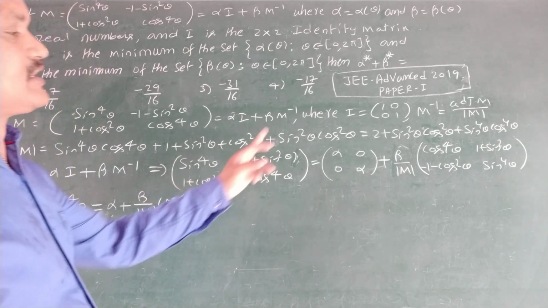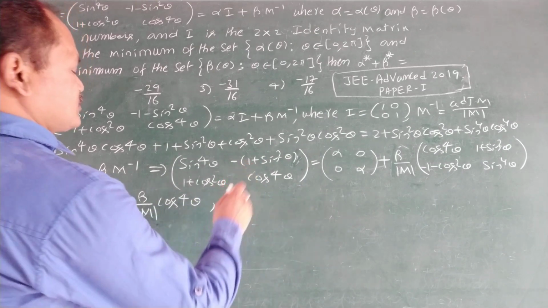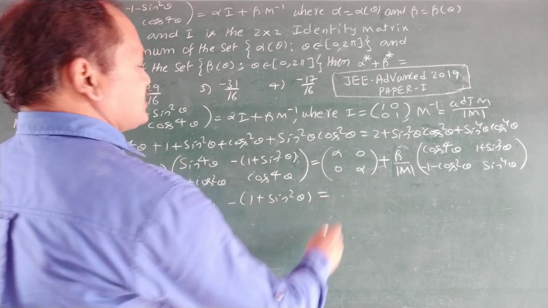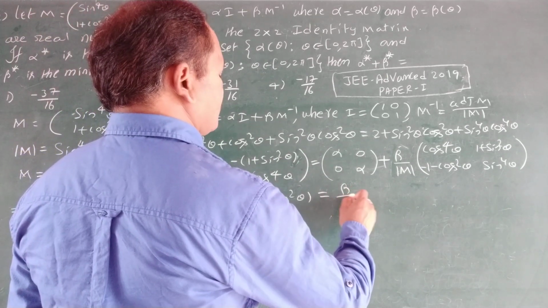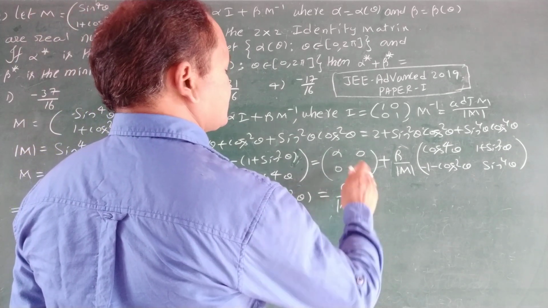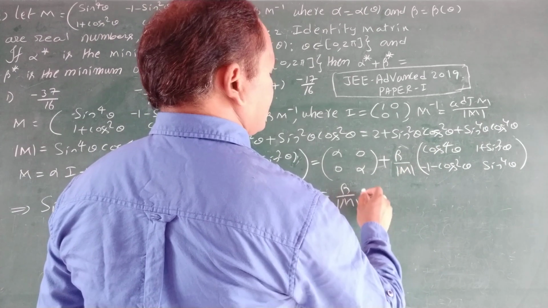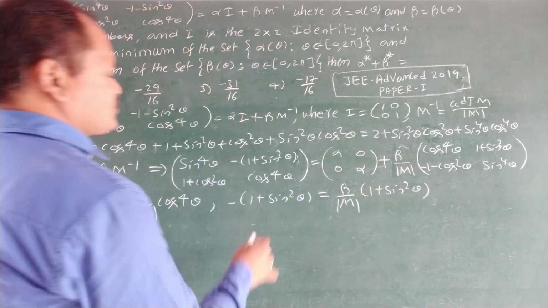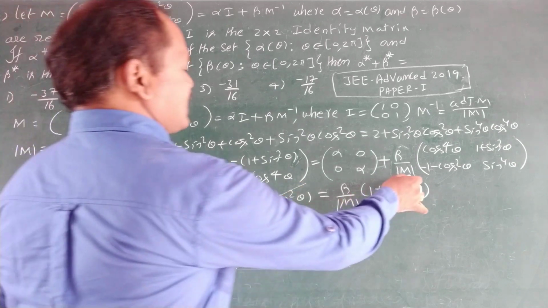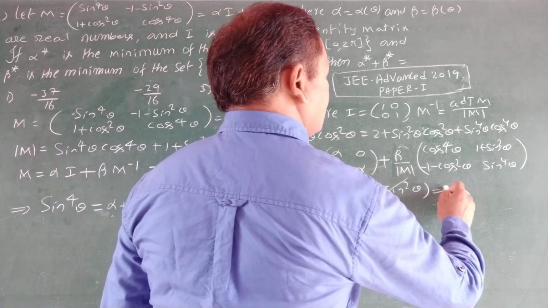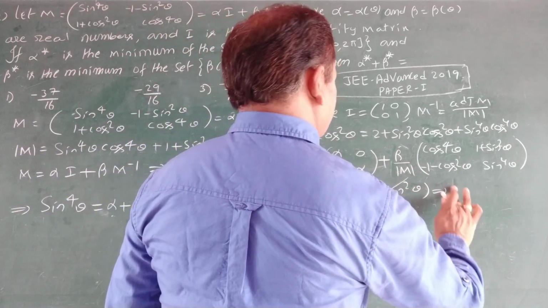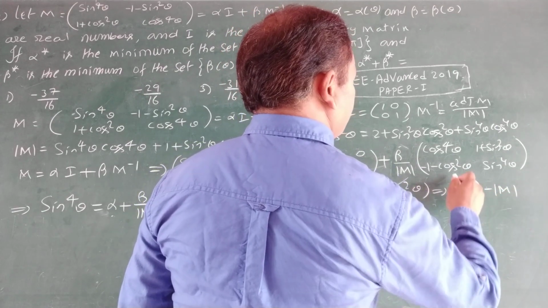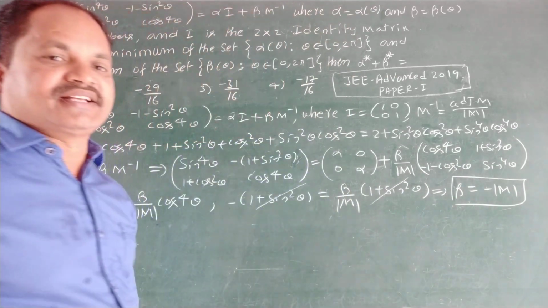Comparing the corresponding terms, minus of (1 + sin² θ) is equal to β/det M into (1 + sin² θ), since 0 plus this one. That's why from these two it gets cancelled, and here it is minus, that means β is equal to minus det M. β is equal to minus det M.